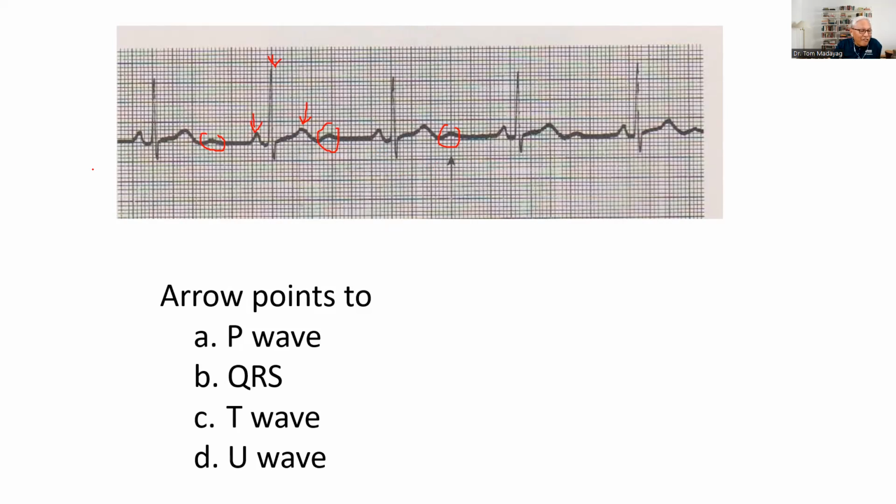That's the significance of a pathologic U wave. Remember that a U wave becomes abnormal if it is 2 millimeters or more. In this particular instance, it is only 1 millimeter in height, and therefore this is a normal U wave.